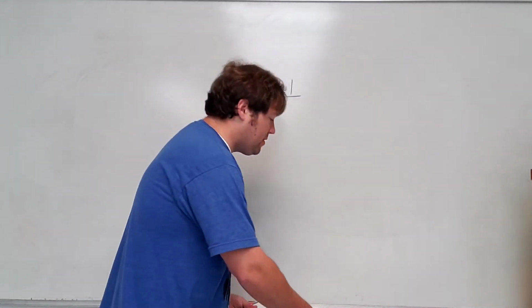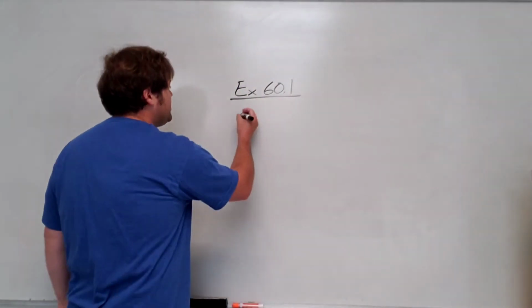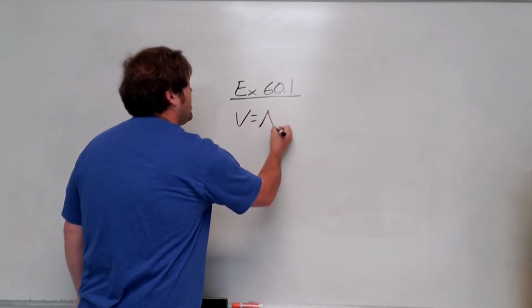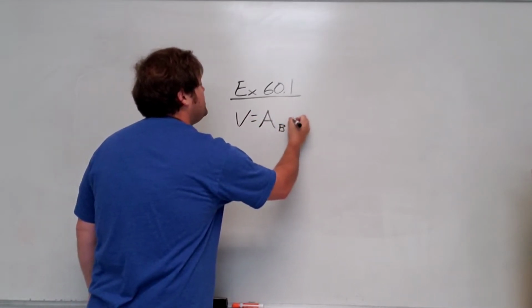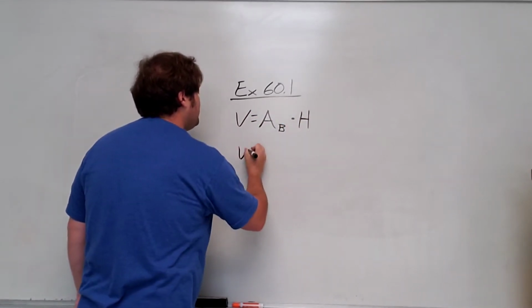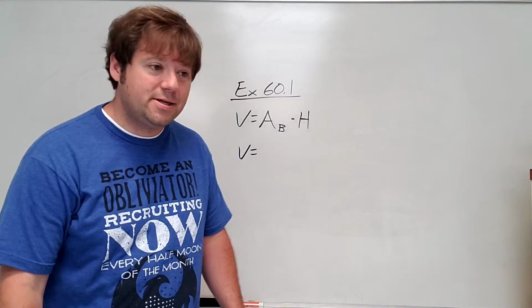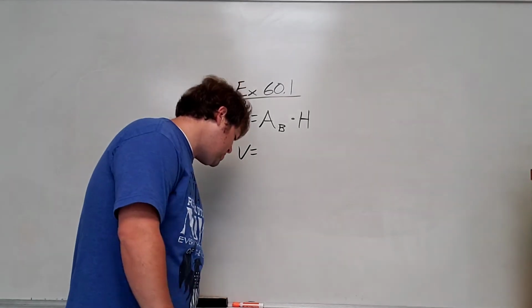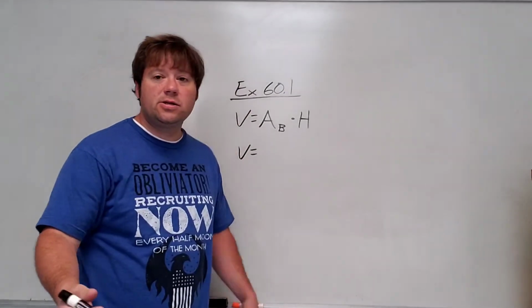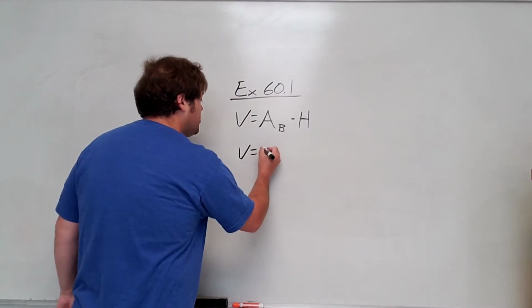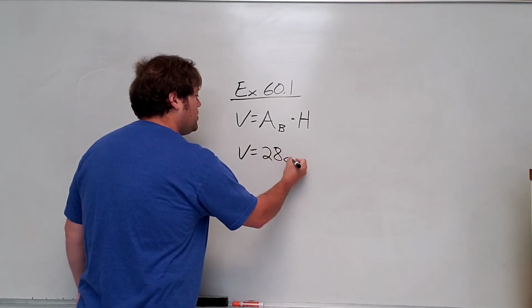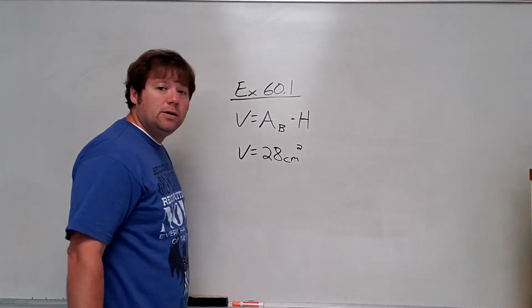Well, this is very, very easy because like we already said, volume equals area of base times height. And in this problem, they actually specifically tell us both of those things. Isn't that nice? They told us the area of the base is 28 square centimeters, so we don't have to find that. Normally on one of these problems we do, but they just told us.